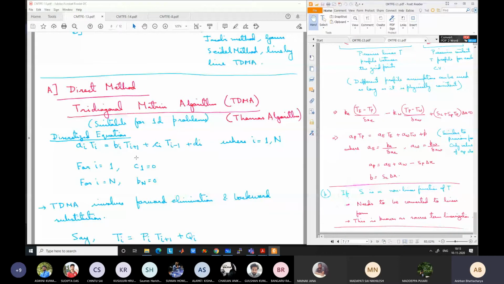So for the ith grid point or control volume, we can write the equation as APTP is equal to AETE plus AWTW plus B. So for the ith control volume, P is equal to I. Instead of APTP, we can write AITI, the east side neighbor we can write as I plus 1, and the west side neighbor, which is the previous grid point, we can write as I minus 1. And the corresponding source term B we can write as Di.